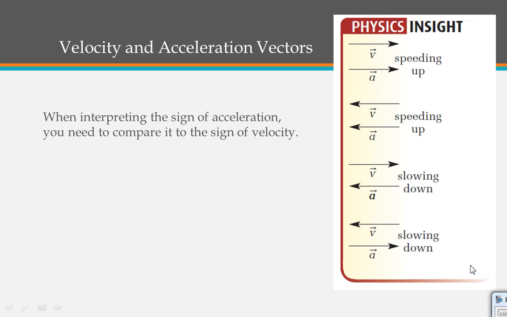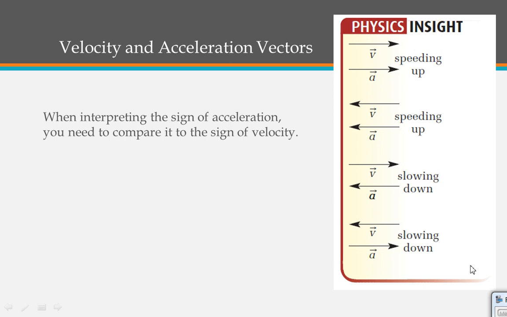If the velocity, remember velocity is a vector, it has direction. Acceleration is also a vector, it has direction. If they have the same direction, they're going to speed up. Even if they're in the same direction, the opposite side, they will also speed up. So if you have negative acceleration, it doesn't necessarily mean you're slowing down.